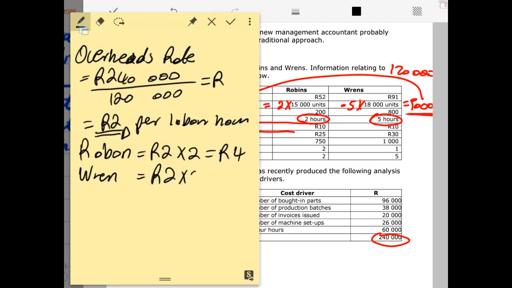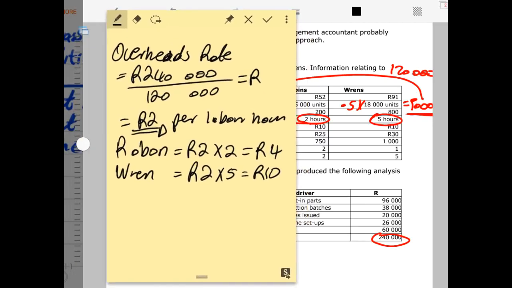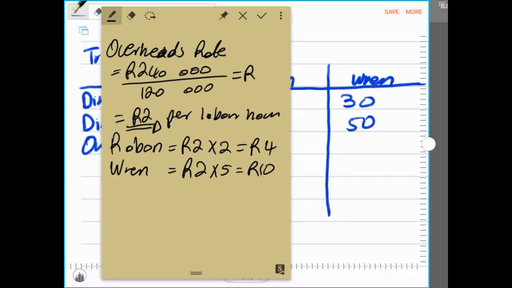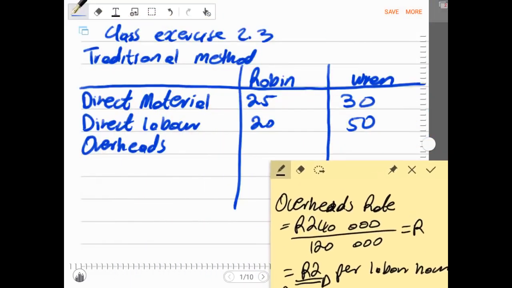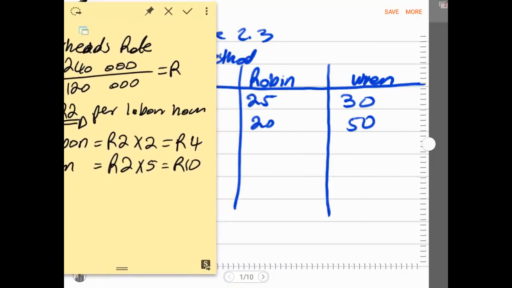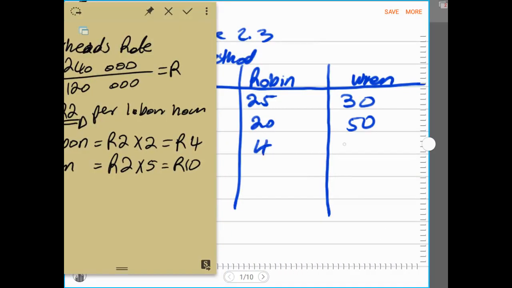Then we times that by 5, and it will give us a total of 10 rand. Then we allocate that to our total cost. It's 4 rand here, and here it is 10 rand.